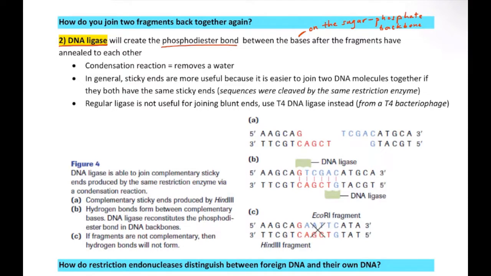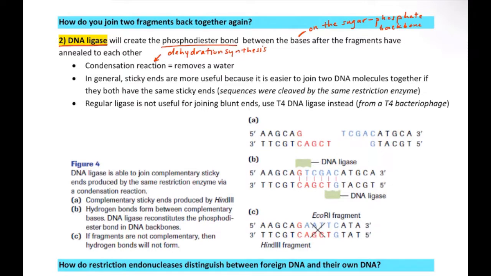It doesn't join the two bases themselves, it joins their sugars and their phosphates together. Okay. And of course, how do we do that? Well, if we add a water to break the bond through hydrolysis, then of course we're going to remove a water to join the bond through dehydration synthesis, which of course is the same thing as condensation. So this is our dehydration synthesis reaction.